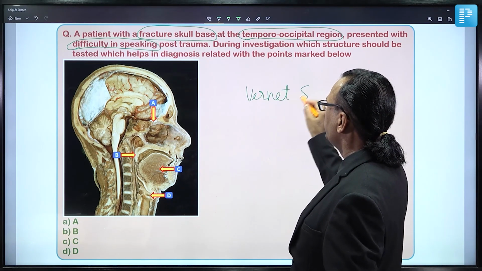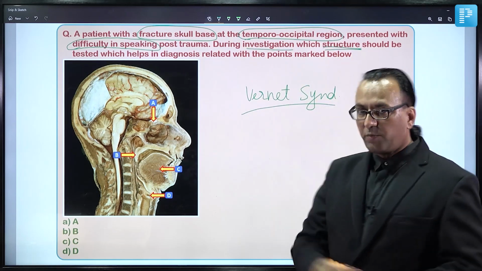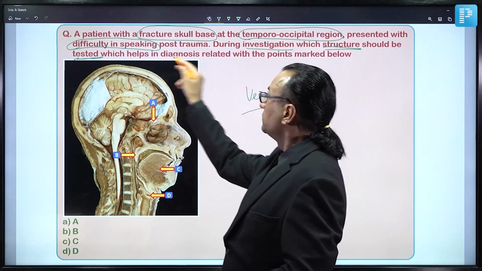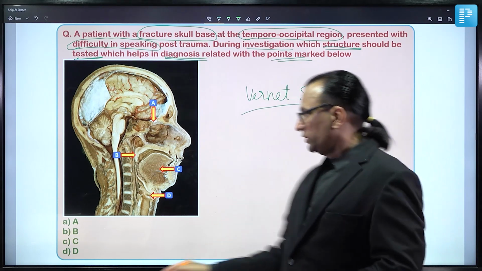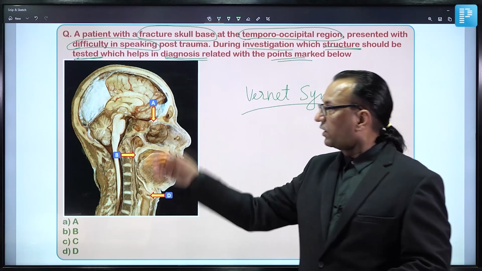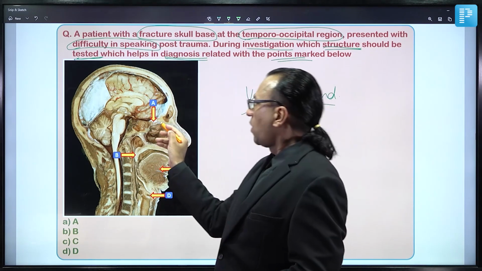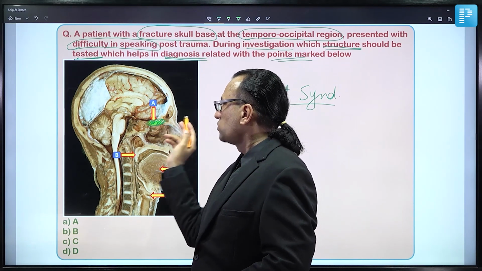Then further, when we are doing the investigation, which structure should you be examining so as to confirm your diagnosis? And then they have put some marking, A, B, C, D. It is the sagittal section of the head and neck region. Marker A is actually at the roof of the nasal cavity, the olfactory region, cranial number 1, they might be talking about.